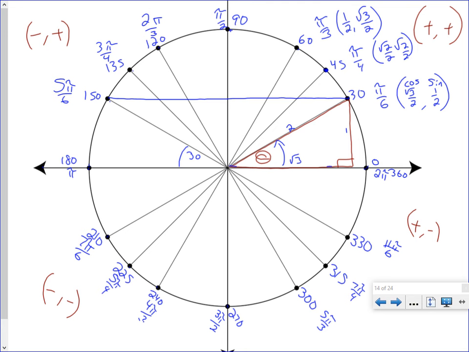When you're horizontal from one another, what value do you share? Your x value or your y value? Your y value. Your y values are the same. So what's the y value of 30 degrees? 1/2. So what's going to be the y value at 150? 1/2.